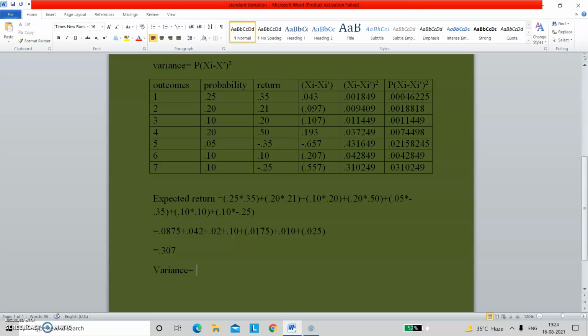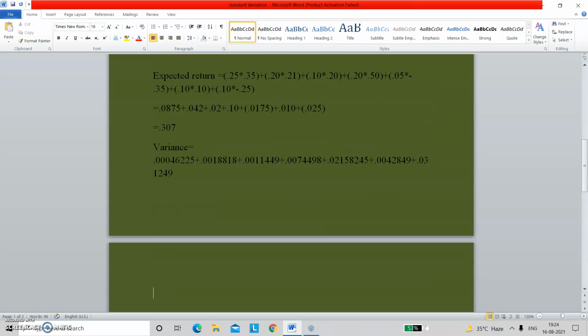Variance is equal to 0.00046225 plus 0.0018818 plus 0.0011449 plus 0.0074498 plus 0.0215824 plus 0.0042849 plus 0.0310249. Right?